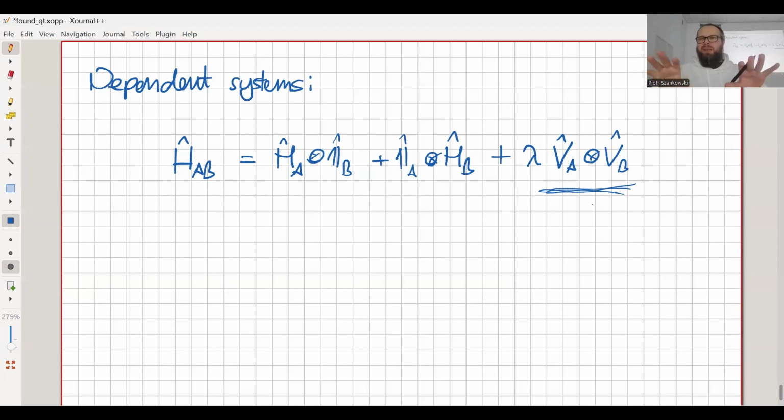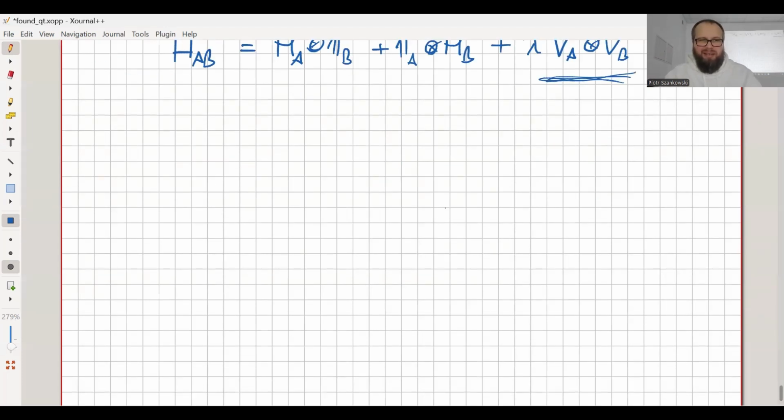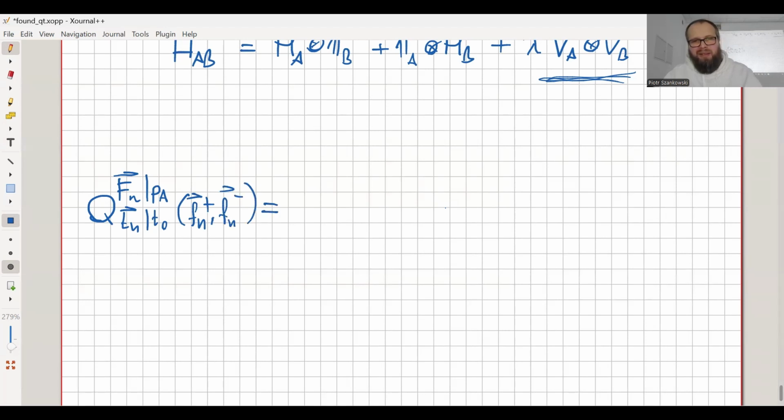So we have systems A and B, but let us take a look at the biprobability associated with observables of only one of the subsystems, say A. Okay, so in other words, let's take a look at the biprobability of this form, plus and minus, that would be the trace.